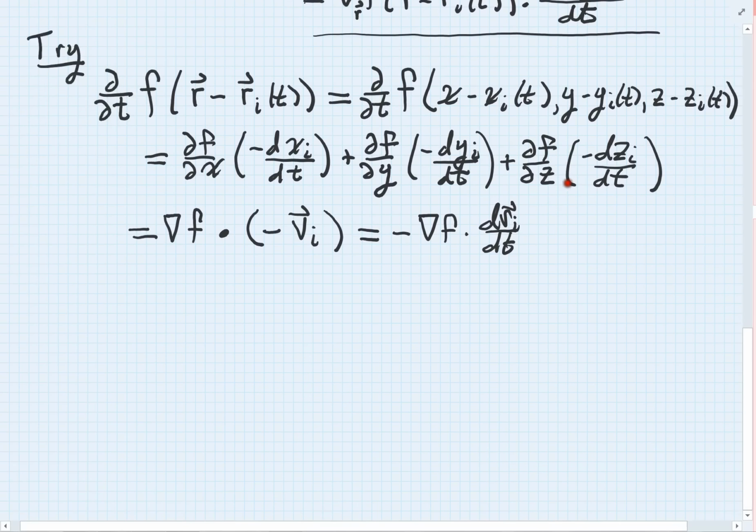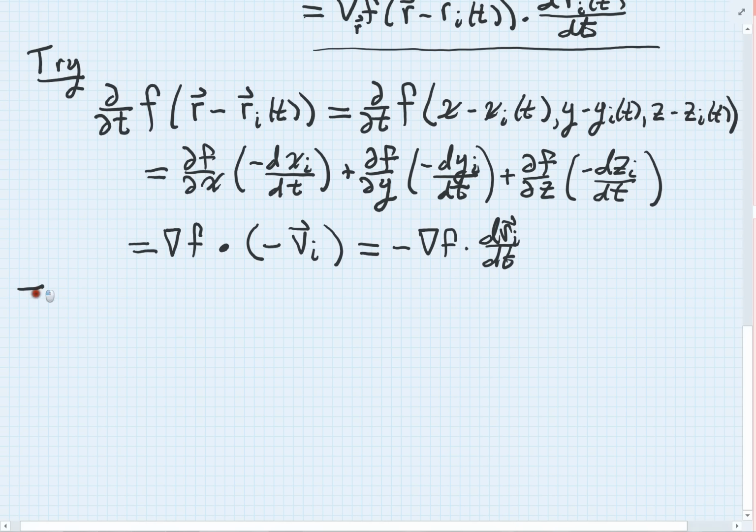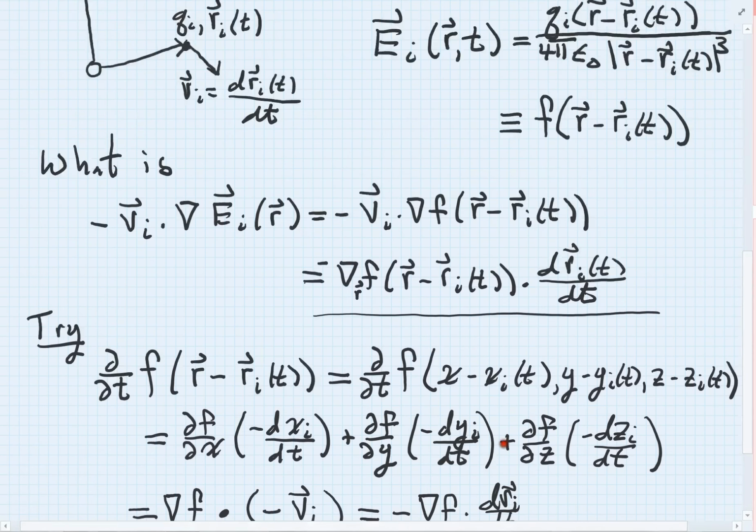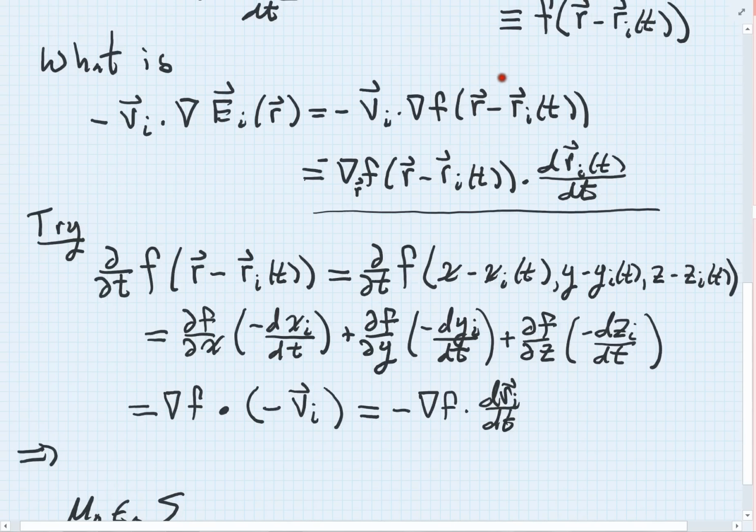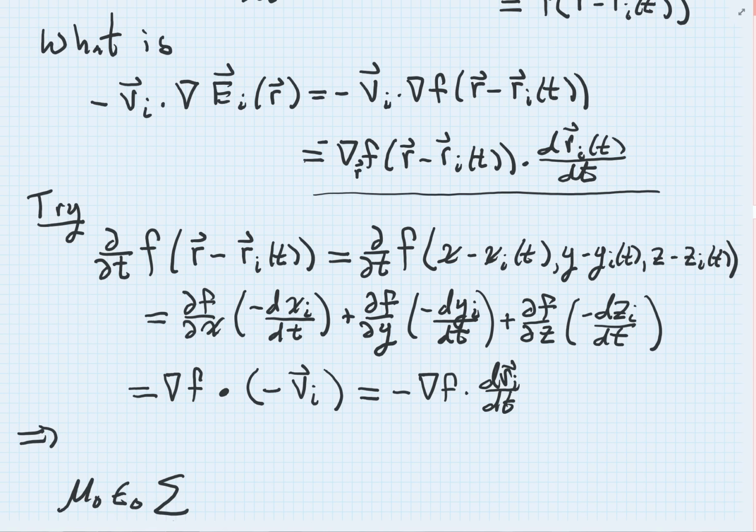So what we find is that this additional term that we're trying to understand, which was our mu naught epsilon naught sum over all the particles i, goes all the way up here to this mystery term. I've got the mu naught epsilon naught sum on i of minus vi dot grad Ei. Well, minus vi dot grad Ei, we've just proved, is equal to the time derivative of Ei.